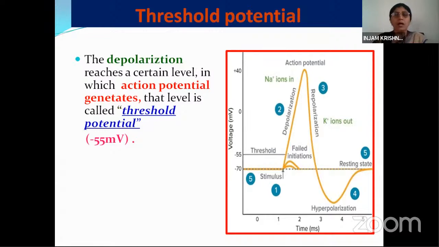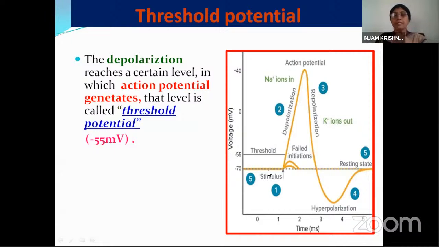I just want to do a recap. This is the resting membrane potential, minus 70 millivolts. The actual state of potential is like that generally at the resting stage.